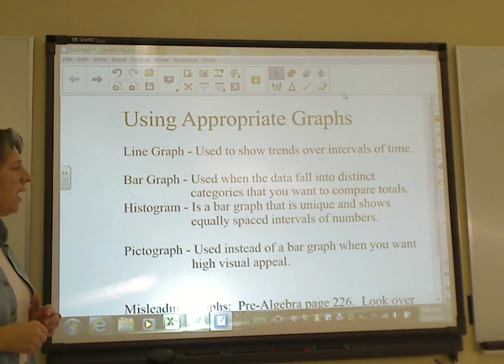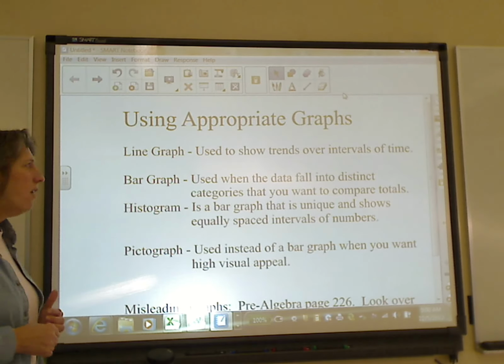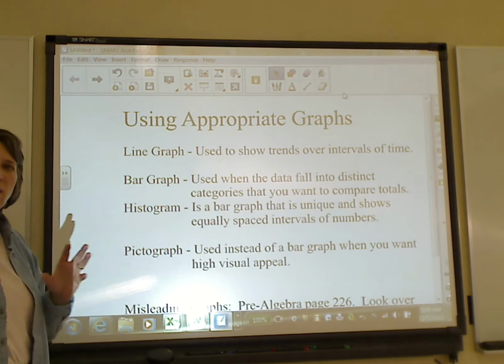But they're used when the data, that's the information you're collecting, falls in distinct categories that you want to compare the totals.